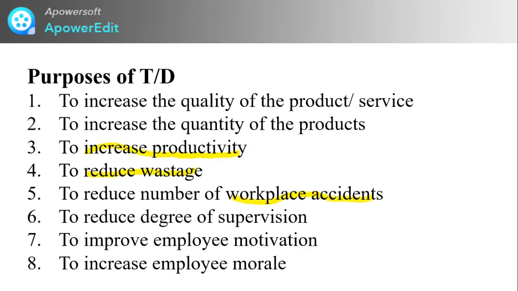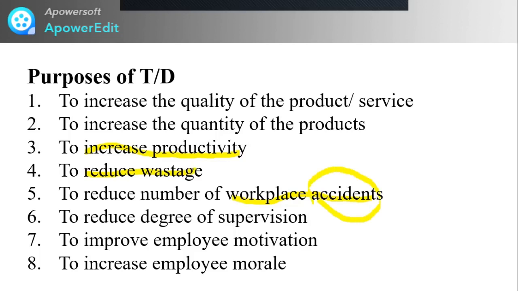But if you have the idea about how to handle the machine through proper training, then you can avoid workplace accidents. Then, to reduce the degree of supervision: if you are a trained worker, there is no need to supervise because you know how to do the job.